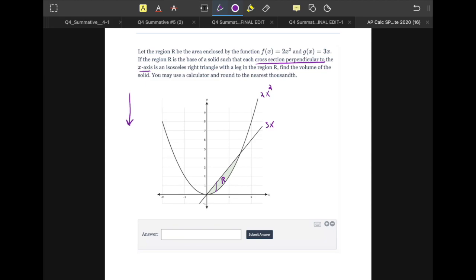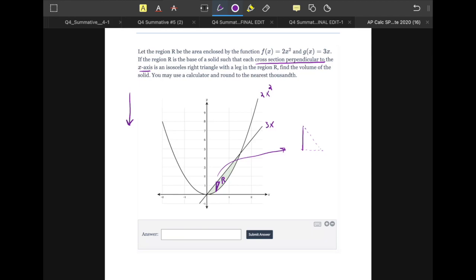And so this right here, if I blow this up, is the base. It's kind of hard to draw, but it's going to be the base of an isosceles right triangle. Find the volume of this solid.